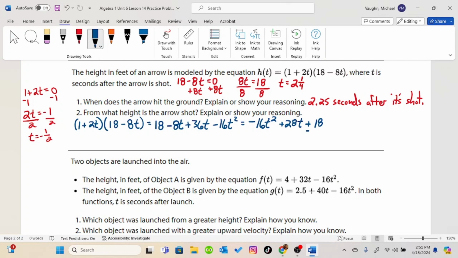The number only portion tells us the starting height. So the arrow is shot from a height of 18 feet.